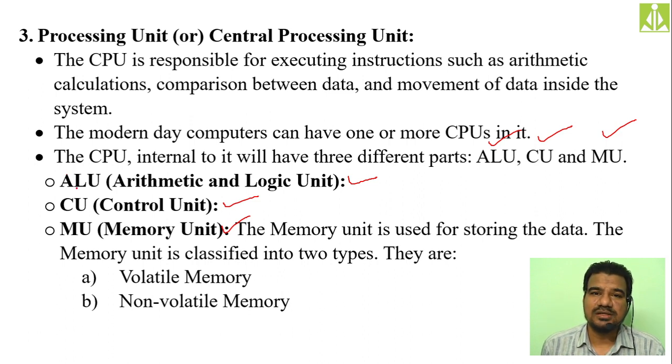Then the control unit, it will give the control signals. Like in our body, we have different systems, isn't it? One such is the respiratory system, which is responsible for transmitting the blood to our entire body, to each and every cell in our body. Next, we have the nerve system, which will sense each and every part of our body.